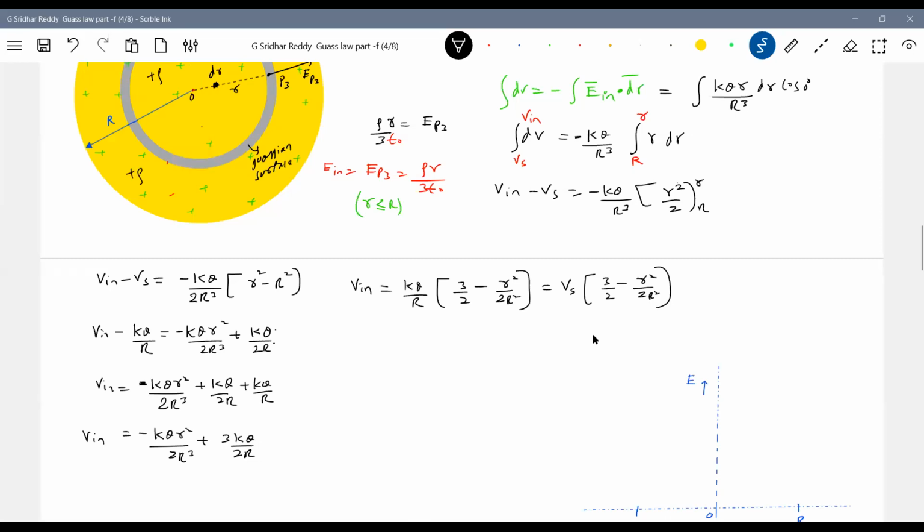Potential inside, here, let me write it. Potential on the surface. Potential inside the uniformly charged sphere. Now, can we calculate at center how much it will be? At center, small r should be 0.